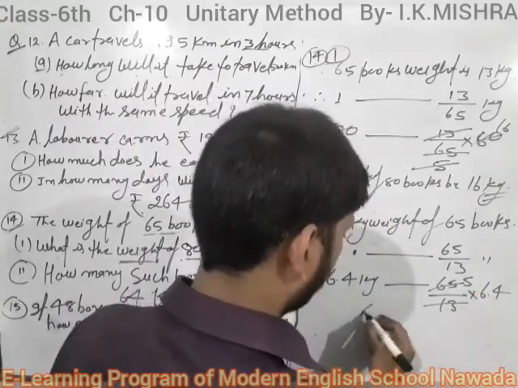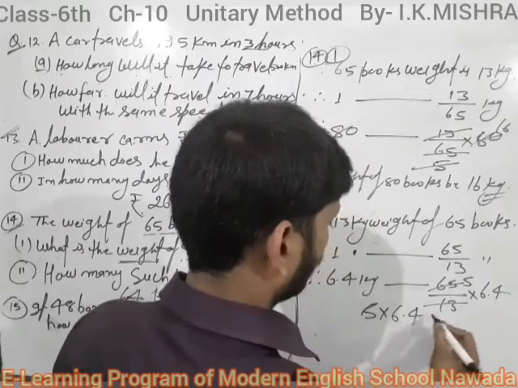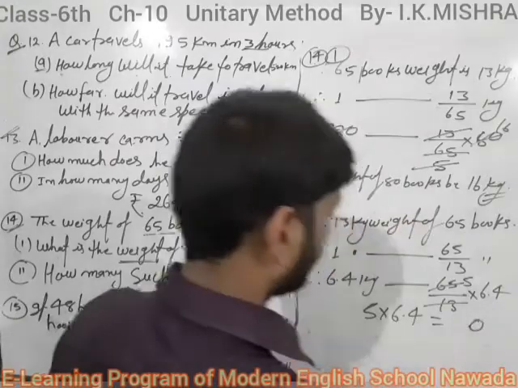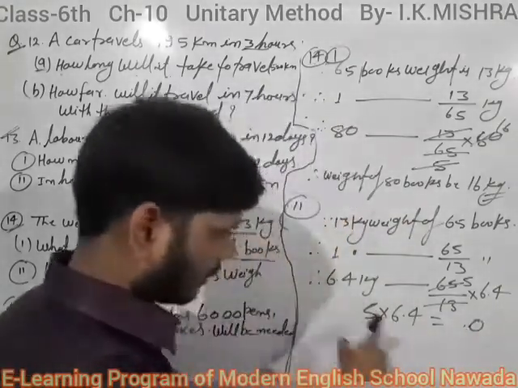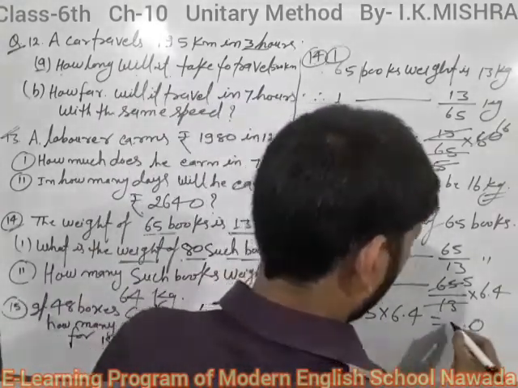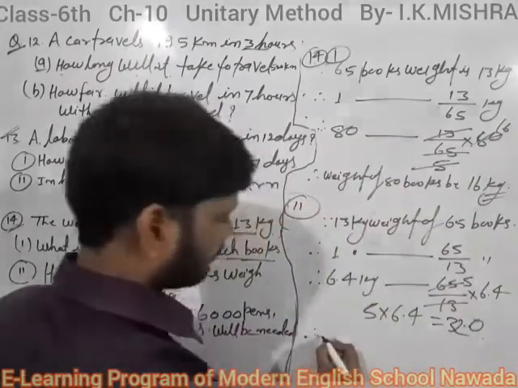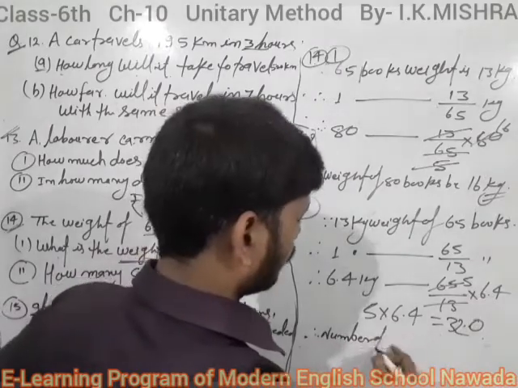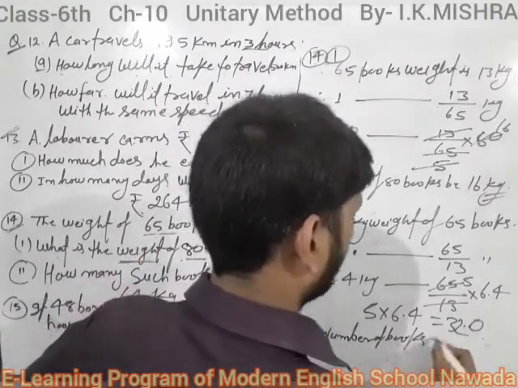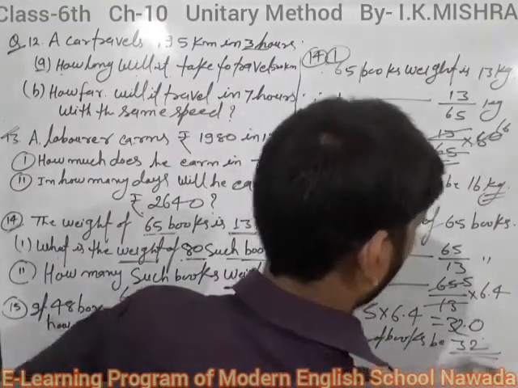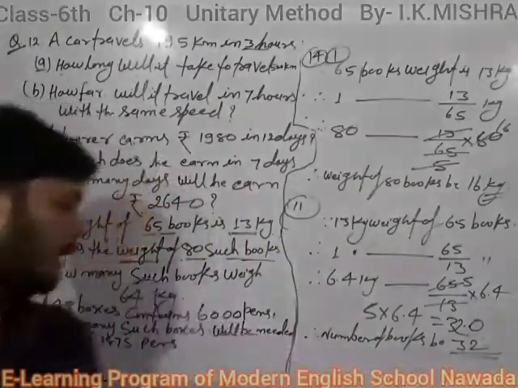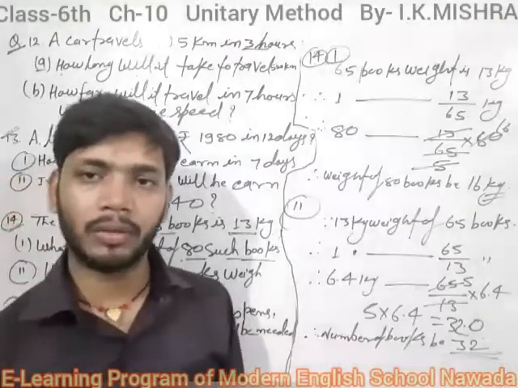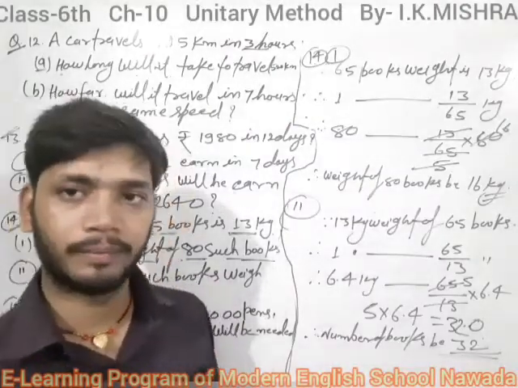That means 5 into 6.4. That means students, 5 4s are 20, point, and 5 6s are 30 and 2 is 32. So students, the number of books will be 32 books whose weight is 6.4 kg. Clear students? Now students, proceed to the next question.